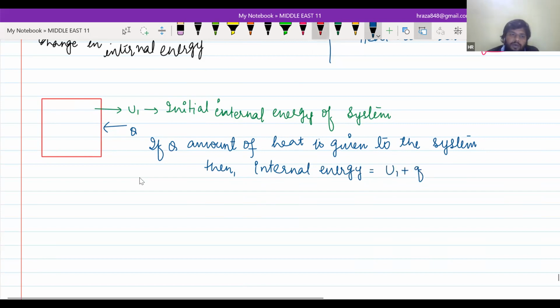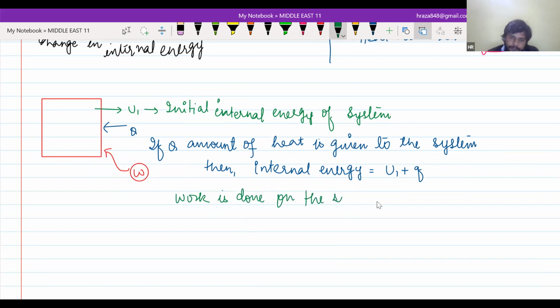Then if you come and do some work on this, that means you did some work on the system. So I'm writing, work is done on the system.